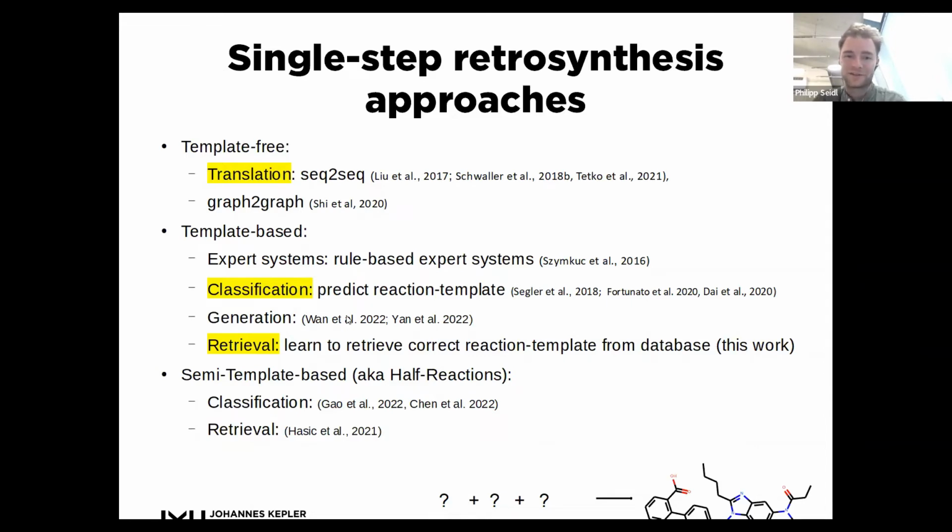And nowadays there is also a generation approach. So we not only derive the templates, but we generate them. I won't talk about those approaches. Those are rather recent and are still preprints. But just to note that those templates can also be generated. And at last, we have the retrieval approach, which is our work. Here we don't try to classify them, but retrieve them from a database.